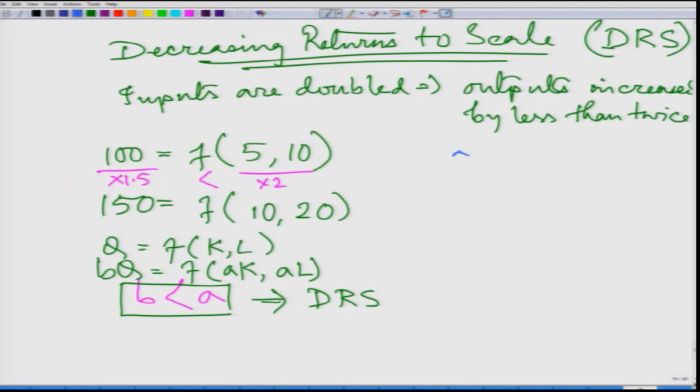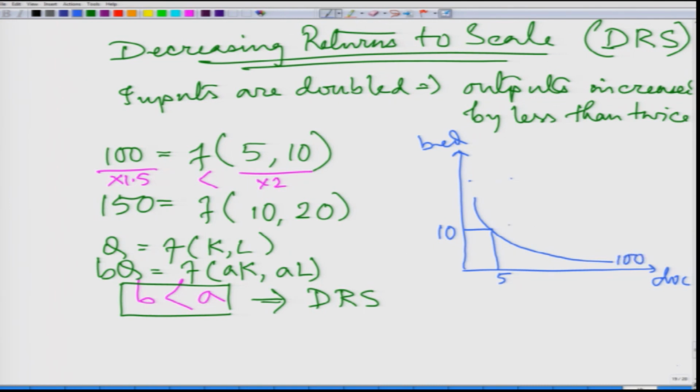So in the decreasing return to scale, we see that the isoquants move further away from each other. So if we have this isoquant with 10 and 5, say this is my doctors and this is my beds, and if I am here, then with 10 and 20, if this is 100, then with 150 I should have 7.5 doctors and 15 beds, right?